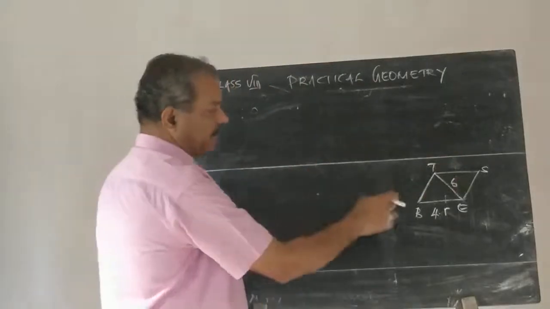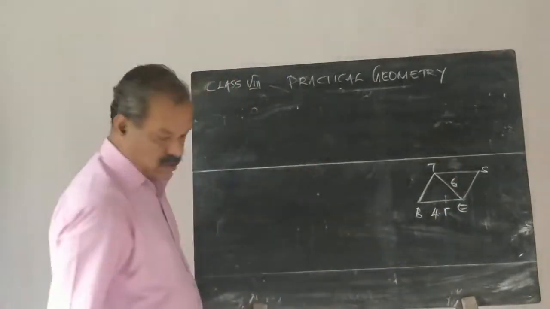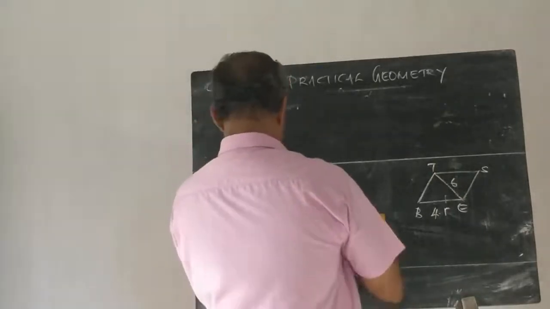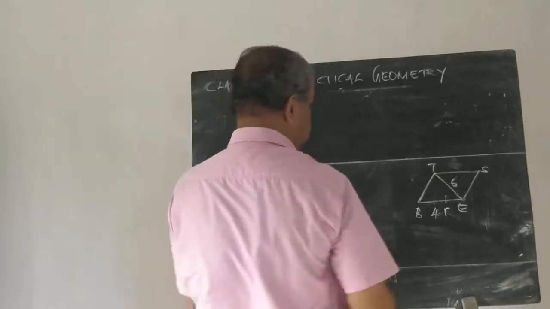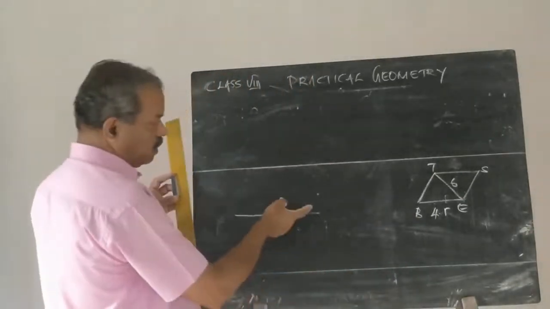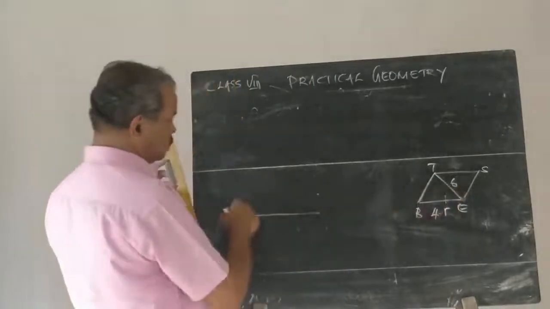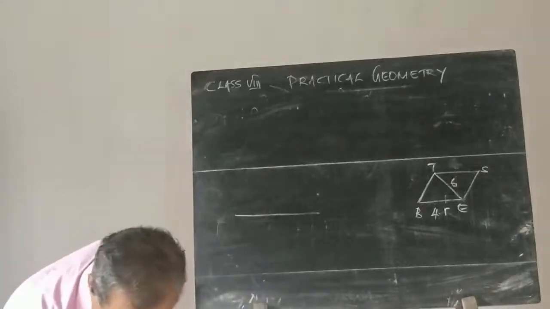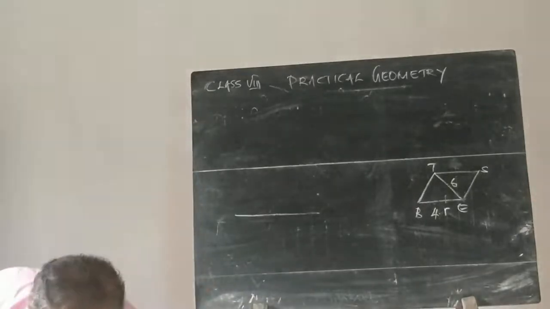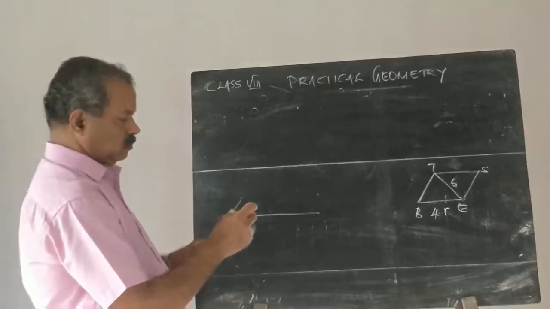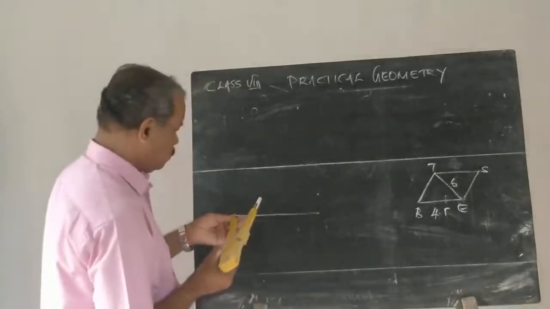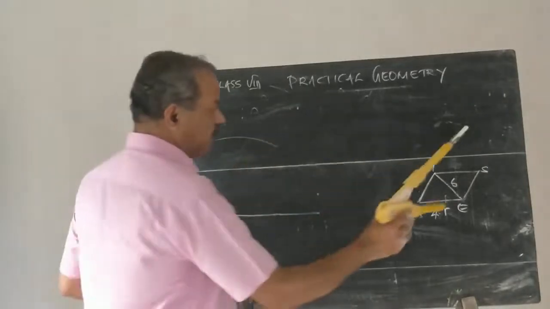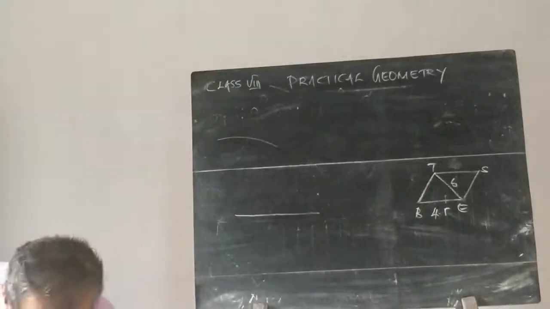So when one diagonal and one side is given, first draw BE 4.5. What is the second side? The second side is also 4.5. All the sides are equal. Then the diagonal is 6.